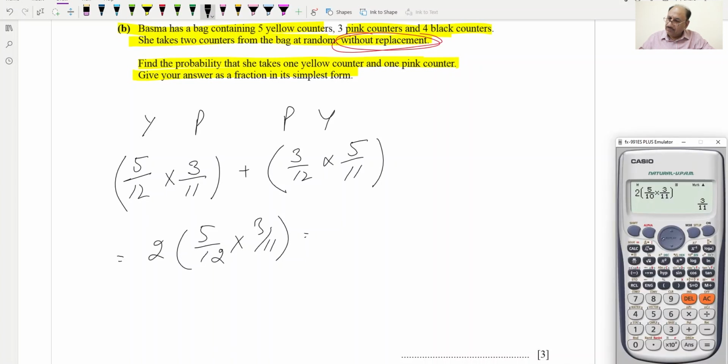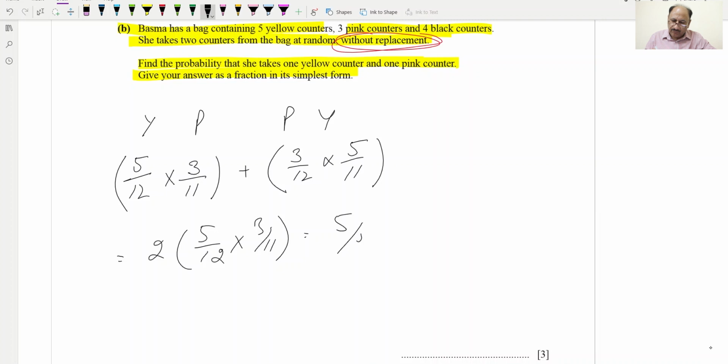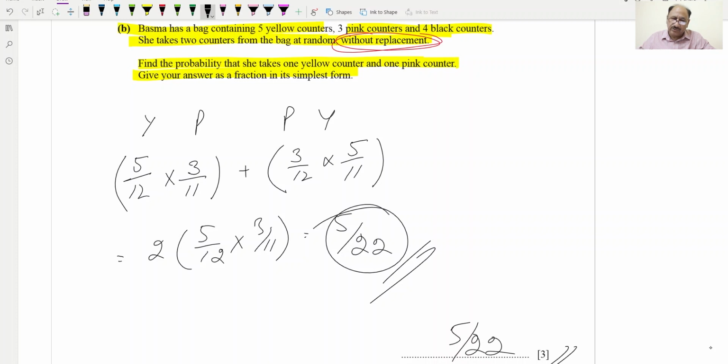So this results in 5 by 22. 5 by 22 will be our final answer which we can provide, and this is a 3-mark question.